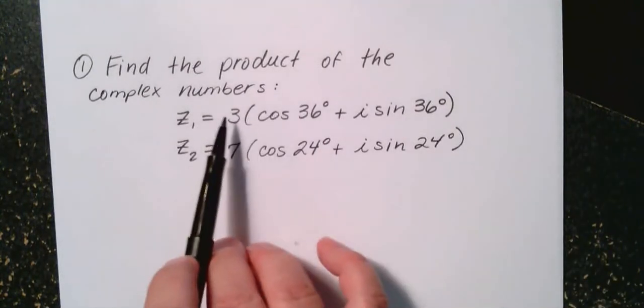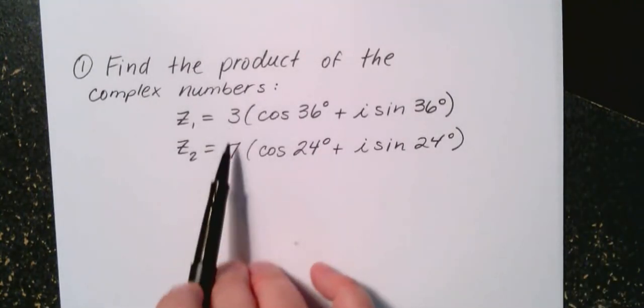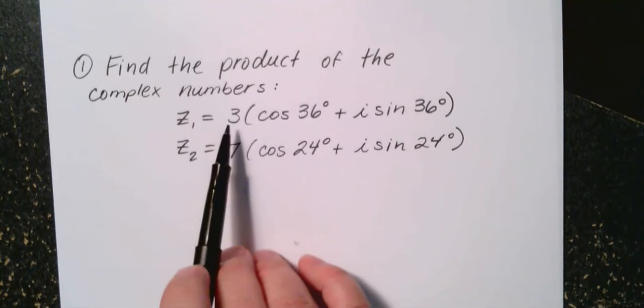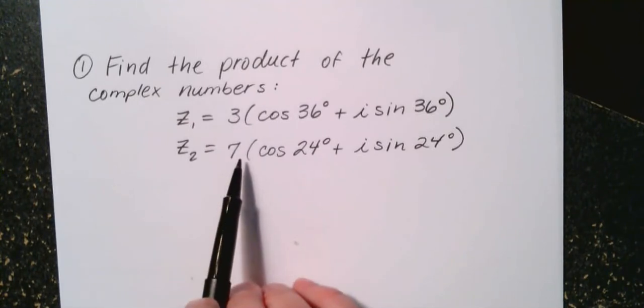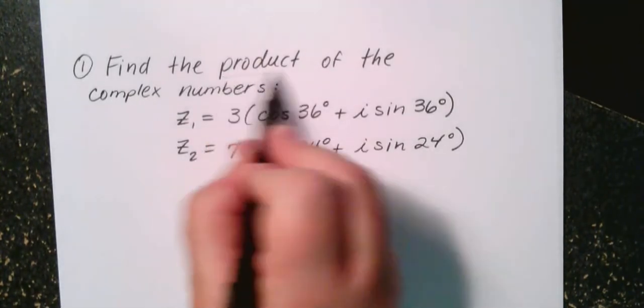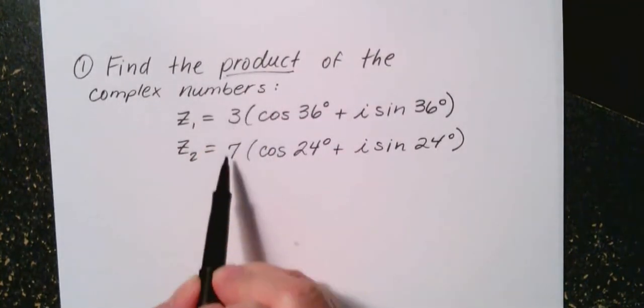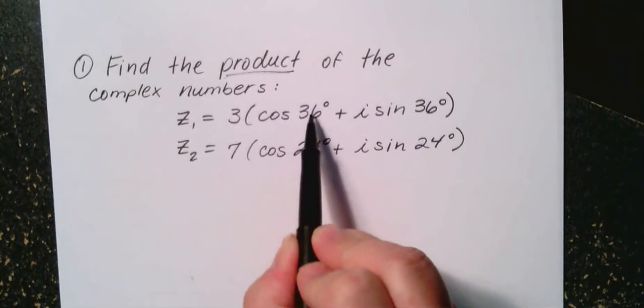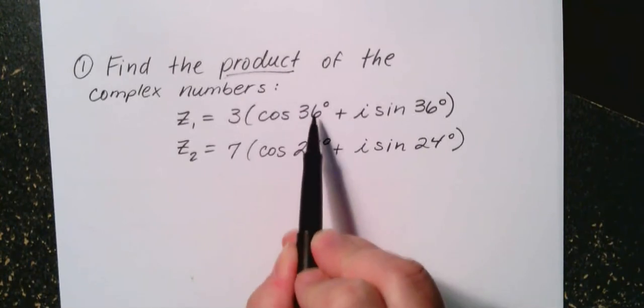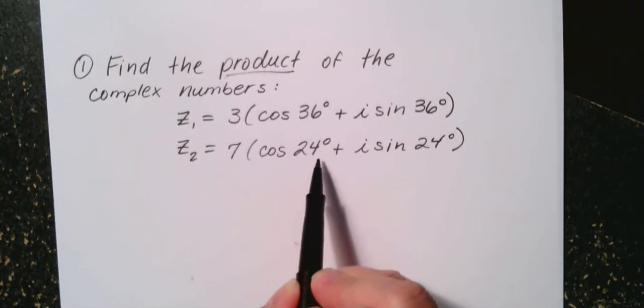So what we're going to do is take the moduli, there's two of them, the r's, and we're going to multiply those. That's very straightforward. But the angles we're going to add. So that's how this works.